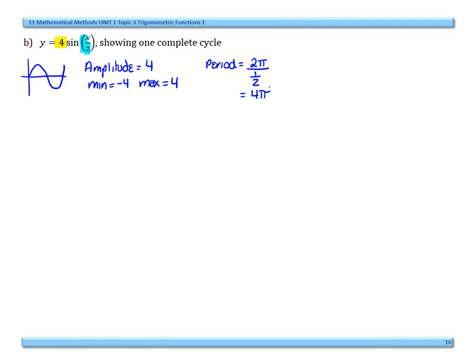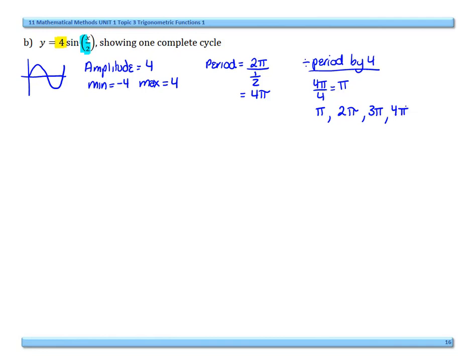This is when I divide that period by 4. I want to know what my scale is on my x-axis. So 4 pi divided by 4 is pi. So I have pi, 2 pi, 3 pi, and 4 pi.